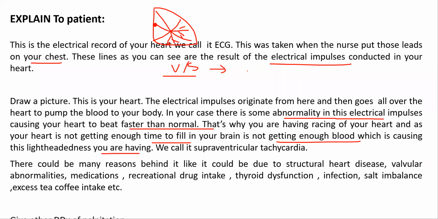How can you do vagal stimulation? You can either do carotid massage. It's just a massage on the carotid area, which can cause vagal stimulation and lower your heart rate. You can also do the Valsalva maneuver. The best way is to ask the patient to take a breath in through their nose, close the mouth and close the nose, and breathe out through the ear.